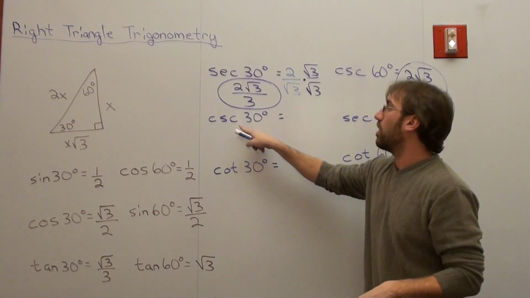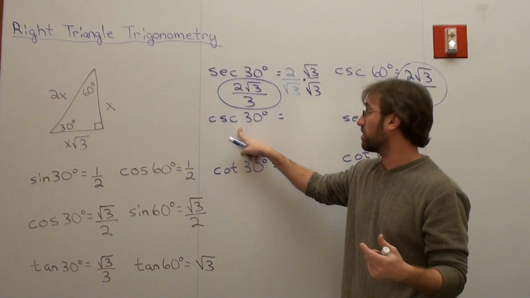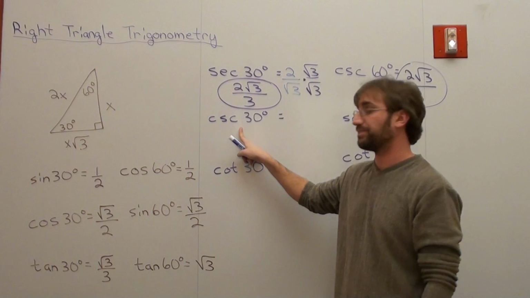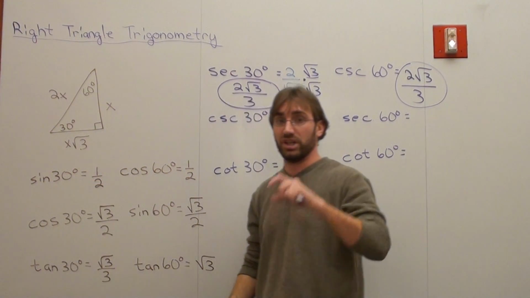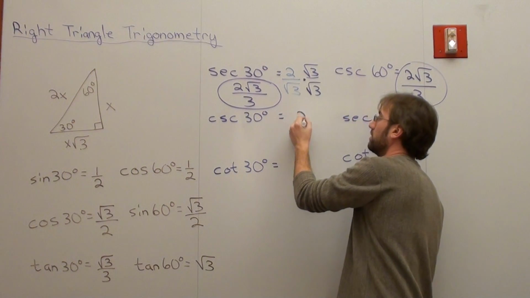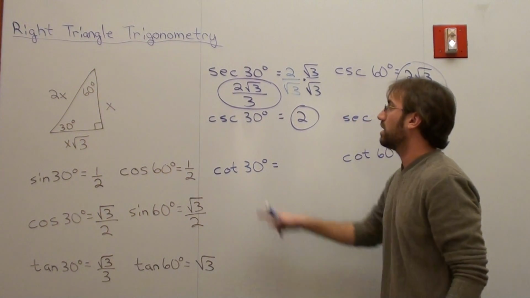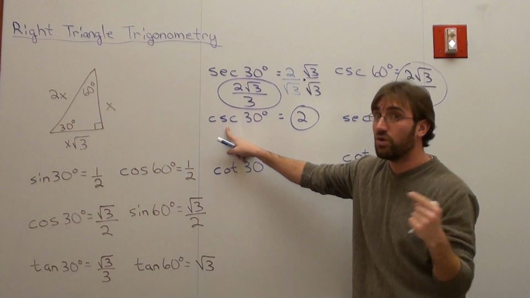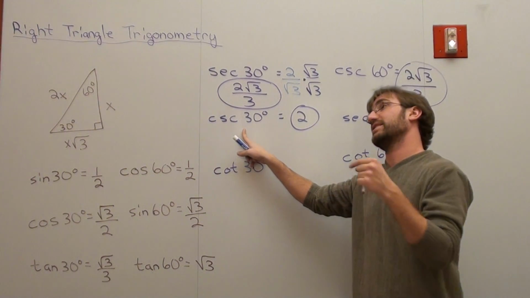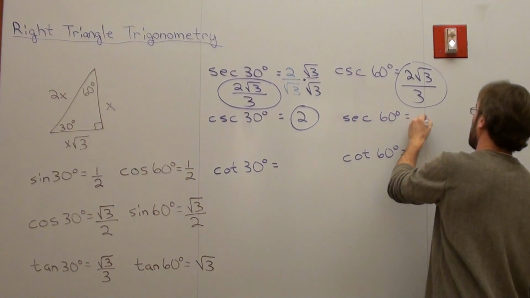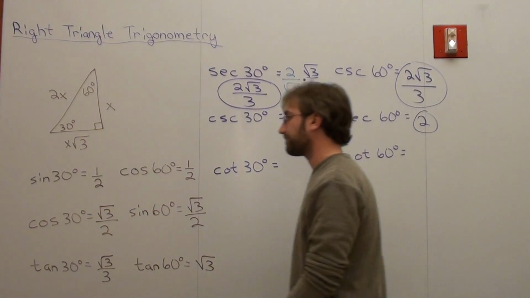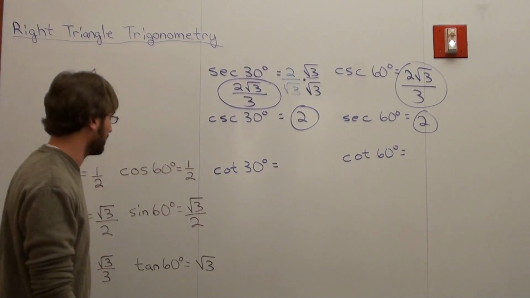Cosecant of 30 is the reciprocal function of the sine. Let's look for the sine of 30. Sine of 30 is 1 over 2. Its reciprocal is 2 over 1, or just 2. Cosecant's cofunction of 30 is the secant of 60. Bam, done. That's all there is to it.